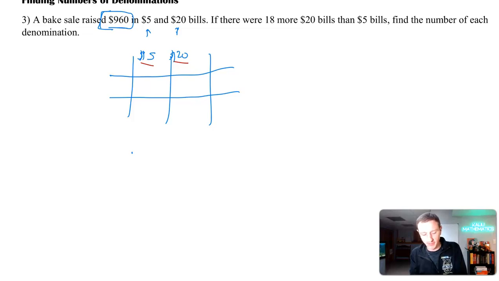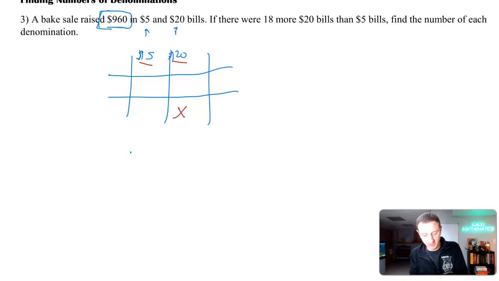So if I have x amount of $5 bills, let's say, then I have x plus 18 $20 bills. And then my value for the $5 bills would be $5, and my value would be $20. Oh, I'm sorry.